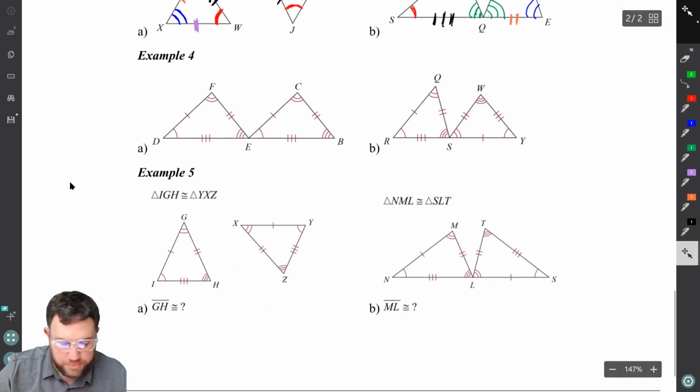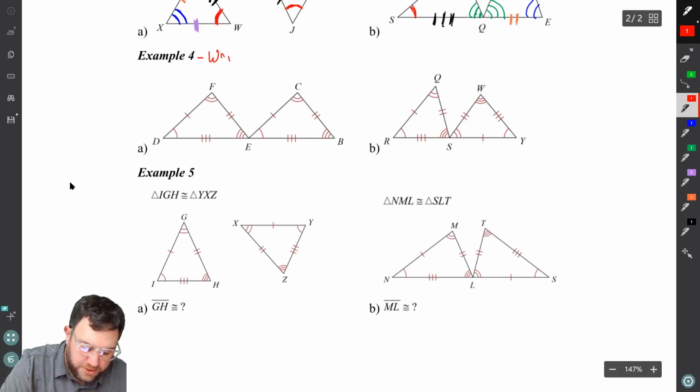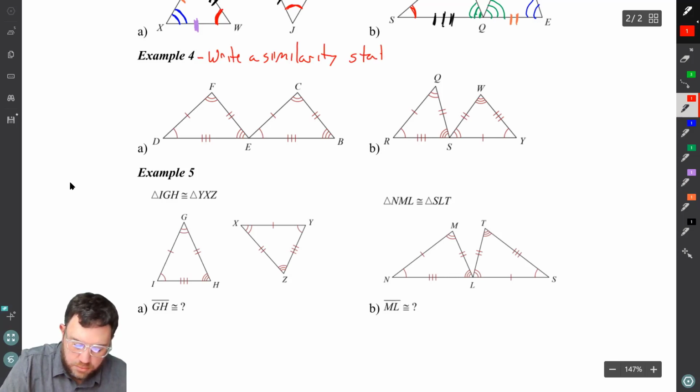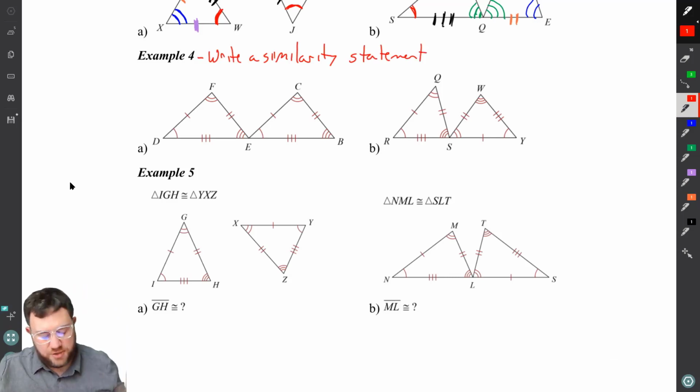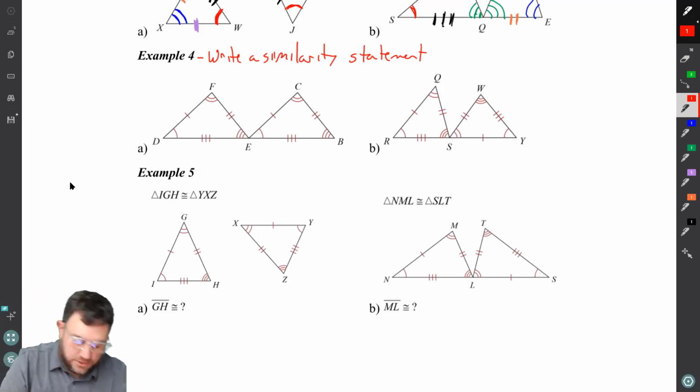All right, for example 4, I forgot to write the directions in here. We're going to write a similarity statement for each of these 2. So for the first triangle, we can really name it in any order we want. And then the second triangle, we just have to match to that. I like to go in the order of the angles.